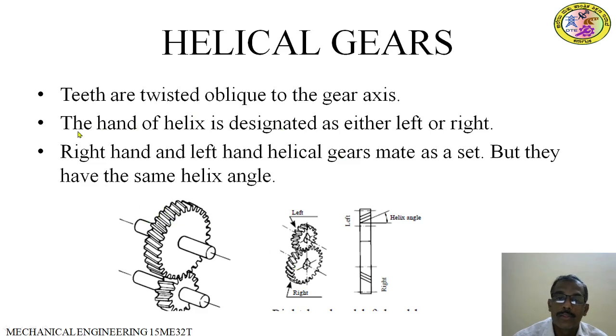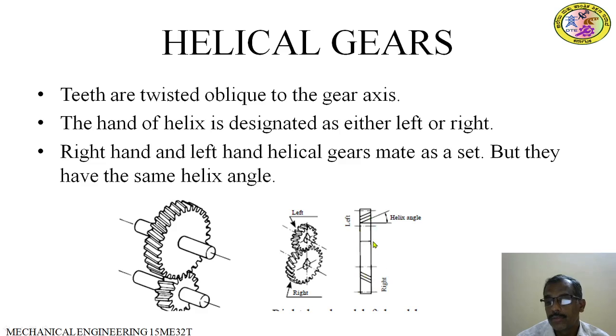The hand of helix is designated as either left or right. Now you see here in the above figure, it has a left hand helical gear, and the below one is a right hand helical gear.